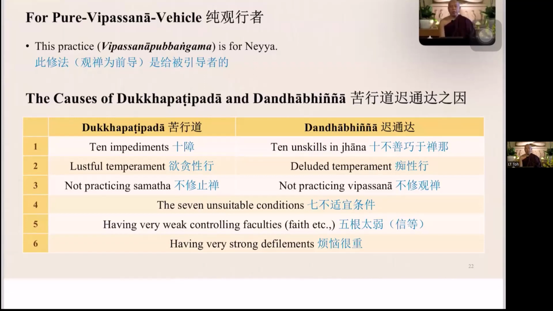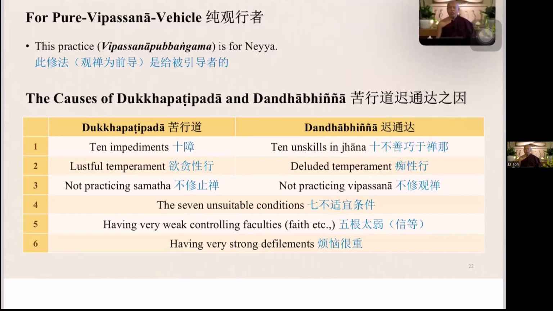Then again, having very strong defilements. Here I introduce the meaning of defilements. Defilements make our mind impure. They also make our mind heated. Naturally, our mind is pure, but when we have some greed or hatred or worry, the mind is impure and not comfortable.